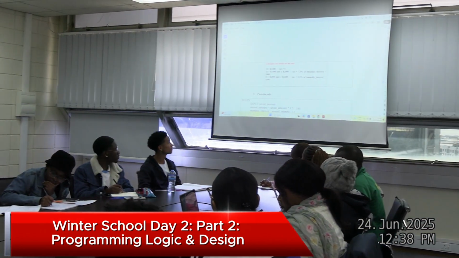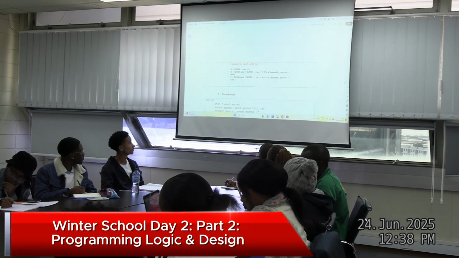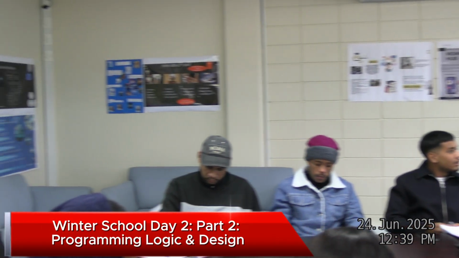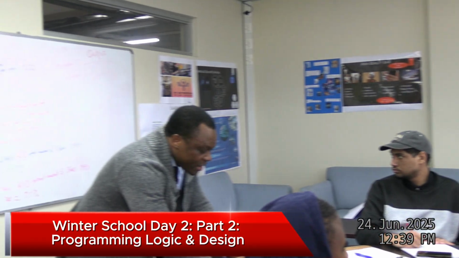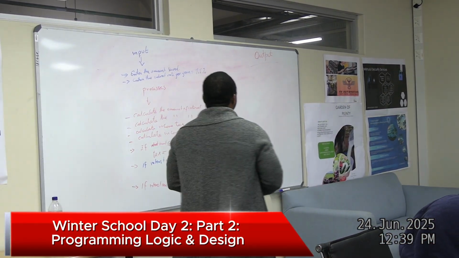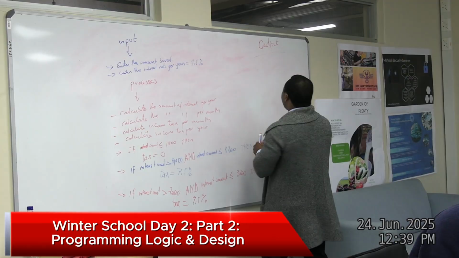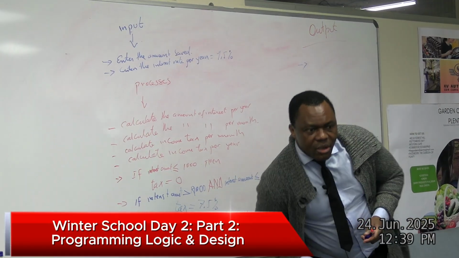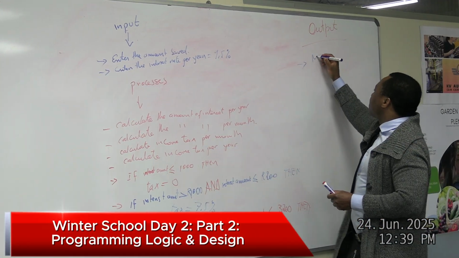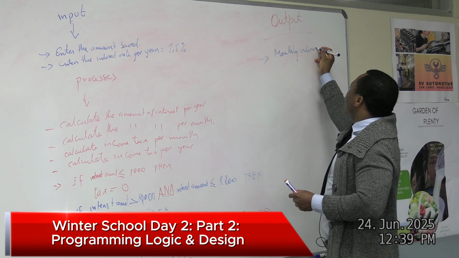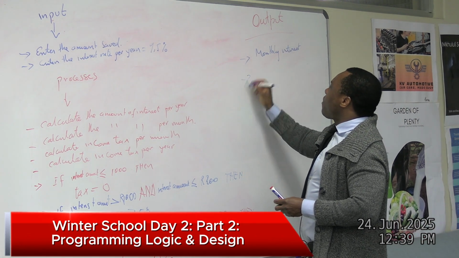What could be the expected output? What will be displayed? What are you expecting? We have 3 things. The first one is the monthly interest. Monthly interest rate, and what else?